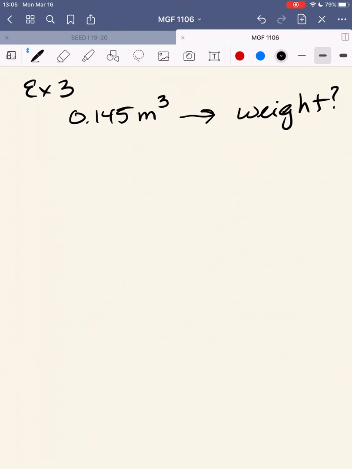Now we don't have anything here for meters cubed. Actually, we do. 1 meter cubed is equal to 1 kiloliter, which weighs 1,000 kilograms.